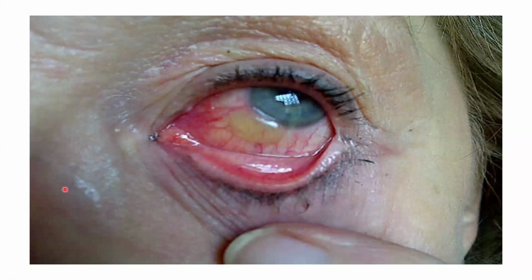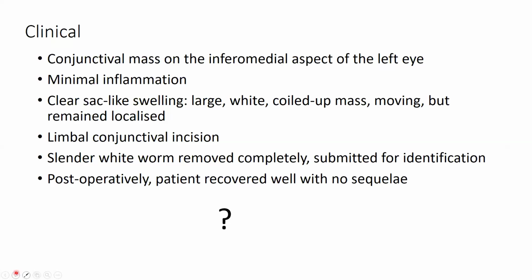It's not evident here, but the ophthalmologist noticed that there was something wiggling around inside and excised the structure and pulled out a slender white worm and sent it to us for identification. After that, the patient was fine.